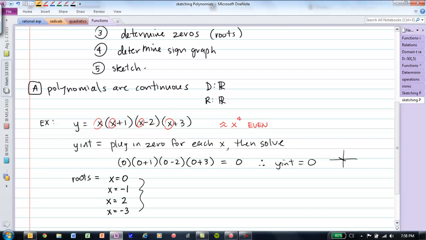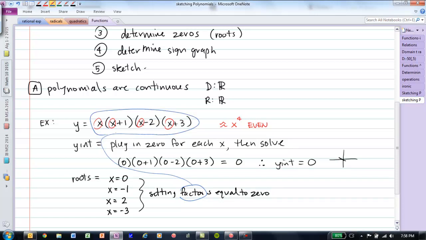So I got all these by setting factors equal to 0. And remember, these are the factors: x, x plus 1, x minus 2, and x plus 3.